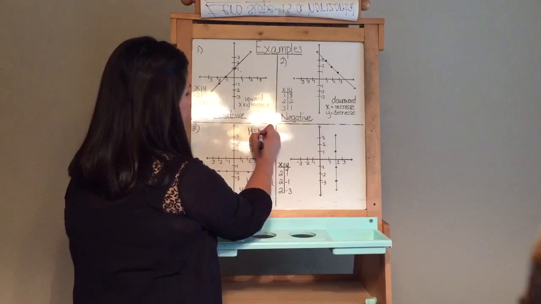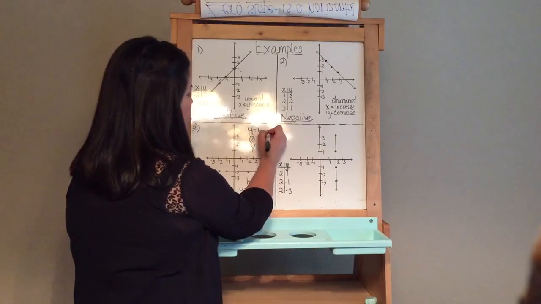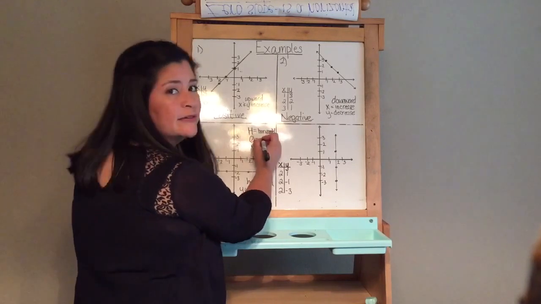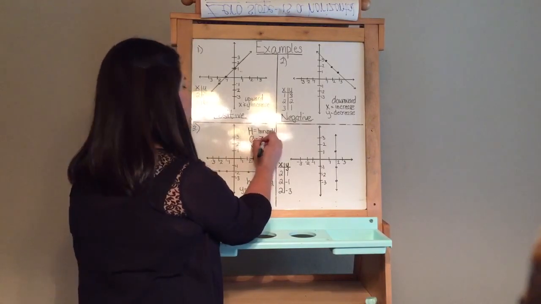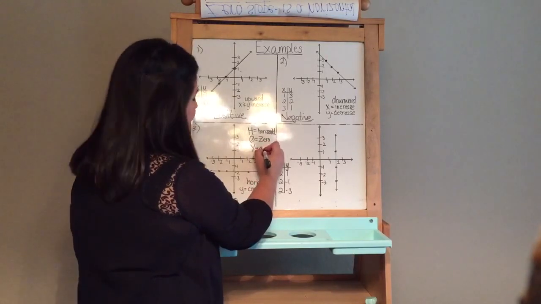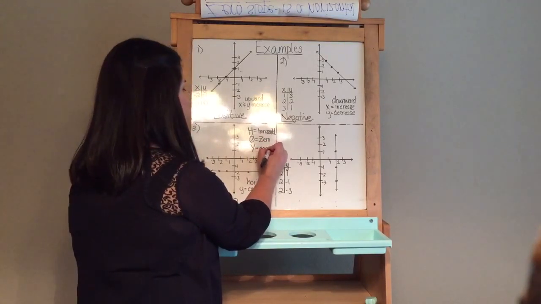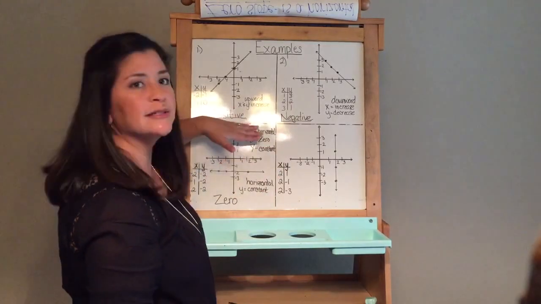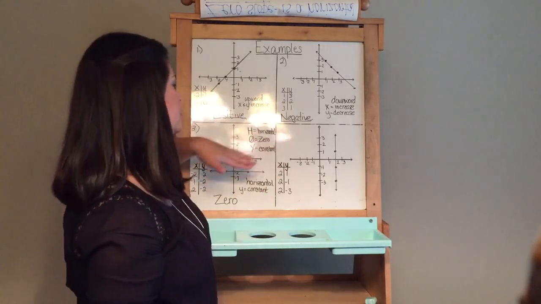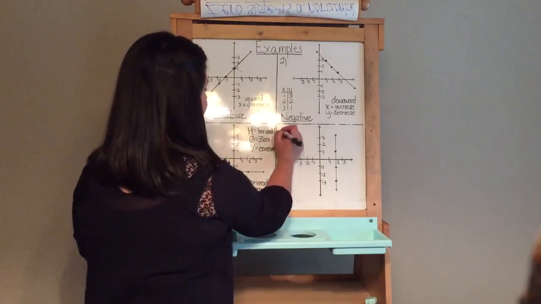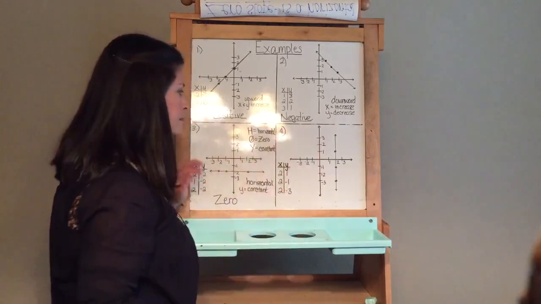H is for horizontal. Zero for the name of the slope. And y reminds us that it stays constant. So h0y: horizontal, the name of the slope is a zero slope, and the y remains constant. So now we'll go on to our last example.